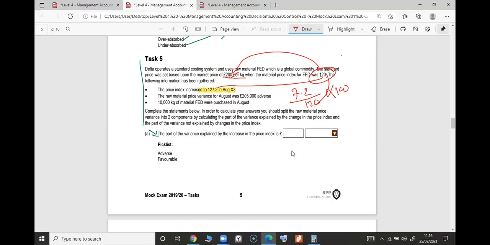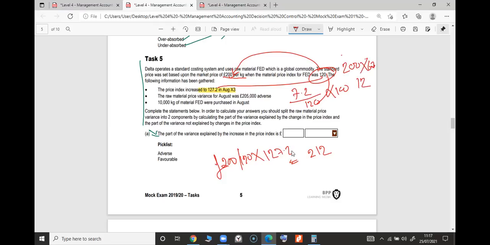Absolutely correct. Another indexation way of doing it: 200, divide it by 120, multiply by 127.2. Still get 212. So there are different ways you're learning it. Like you said, 200 times 6%, that's the correct answer.